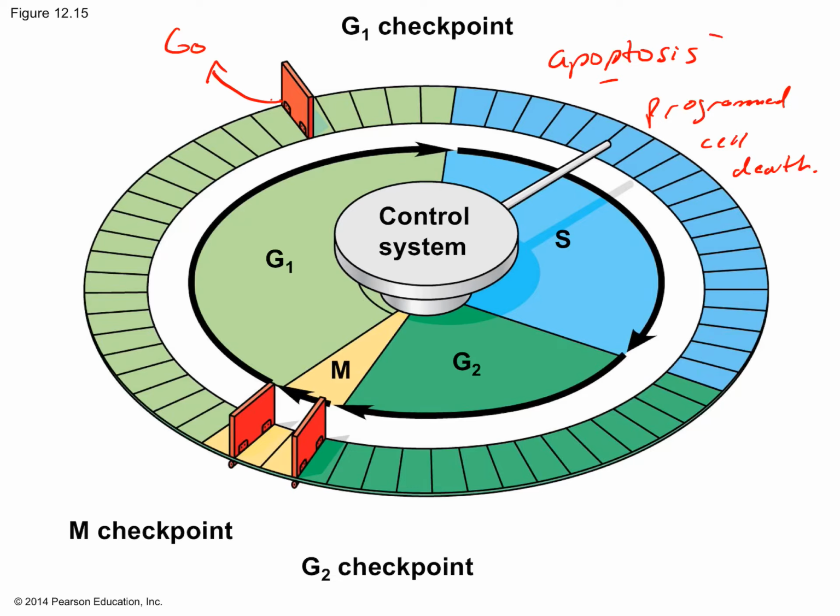But this process of apoptosis is also an important part of development. At certain stages during fetal development, organisms, animals in particular, will have certain structures form that then get either pared down or removed entirely. So for example, every human on the planet today had a tail at one point during fetal development, but we're typically not born with that.